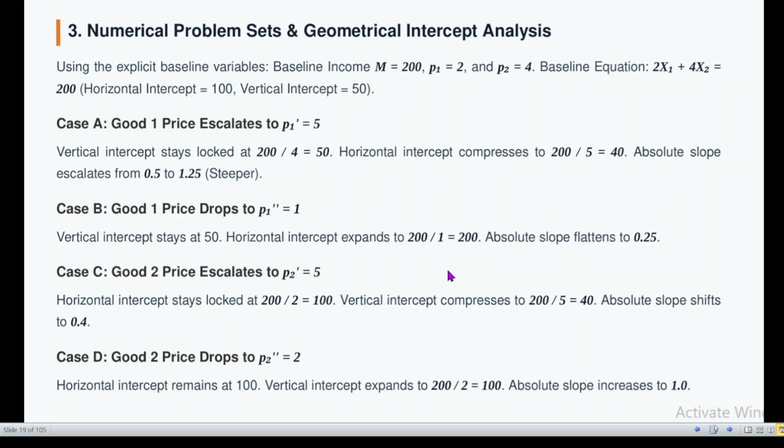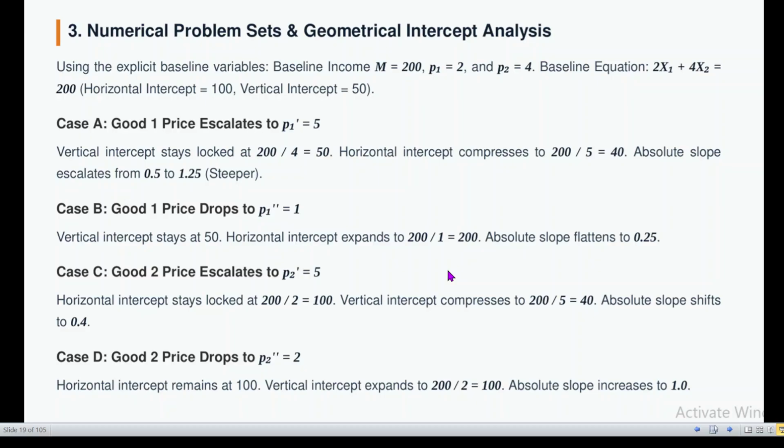That differs from case A, where the good 1 price scales from 2 to 5 birr or any dollars.